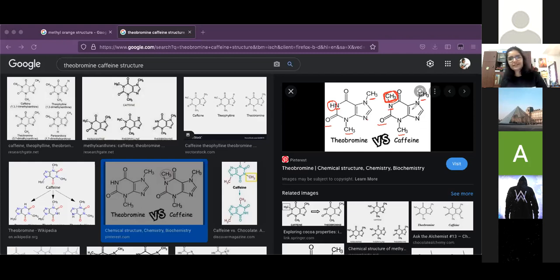And both of these are organic compounds. So this is another way of representing organic compounds. You might be wondering, where are the carbon atoms, right? So wherever there's an intersection, that would be a carbon atom.